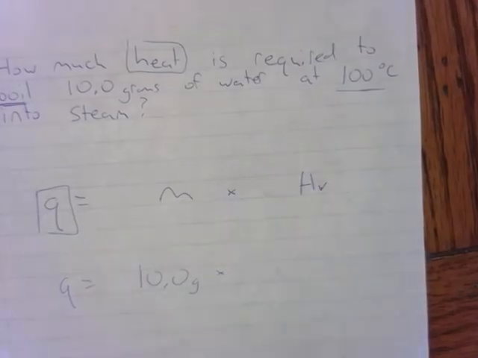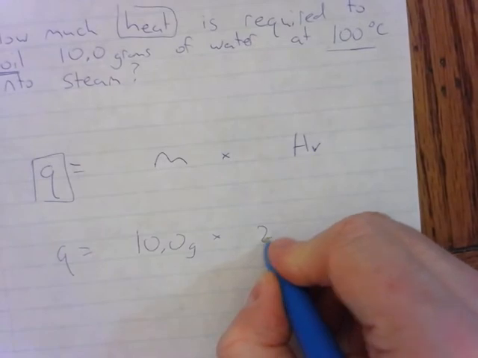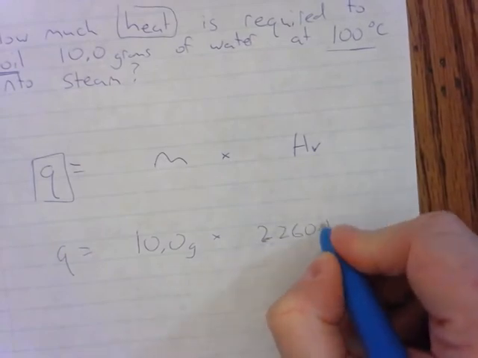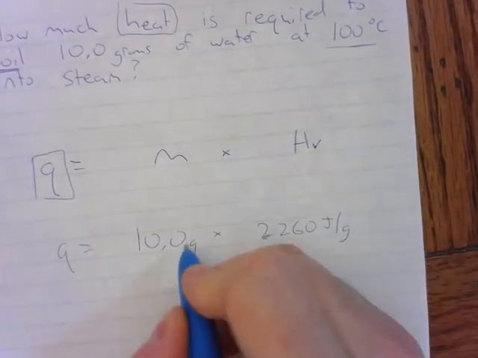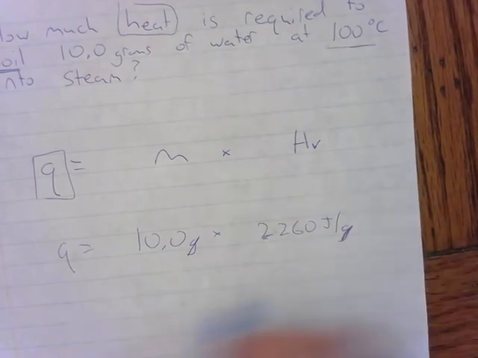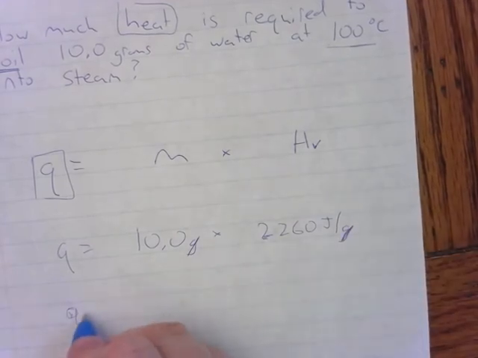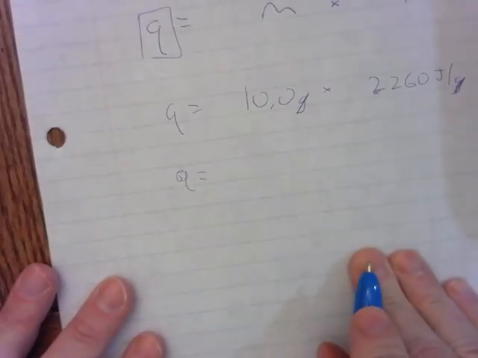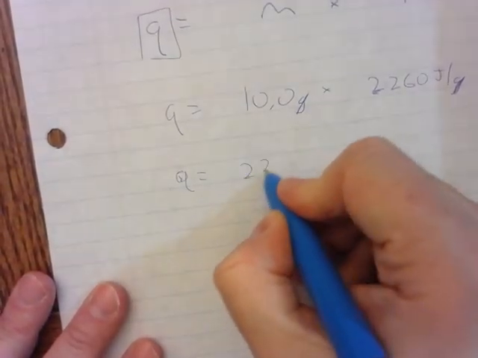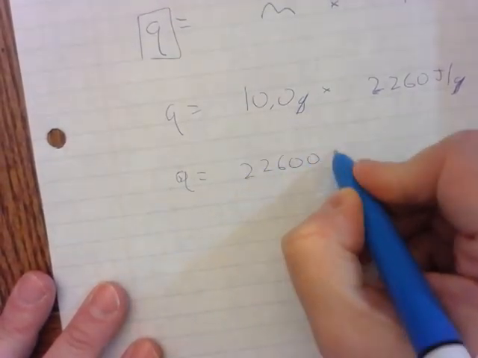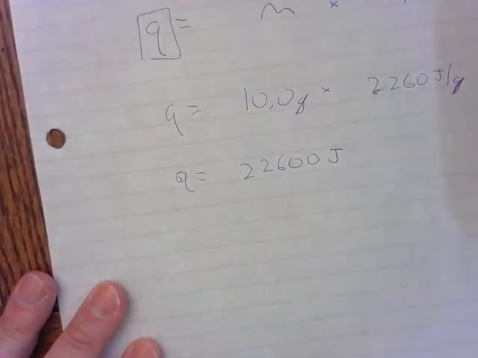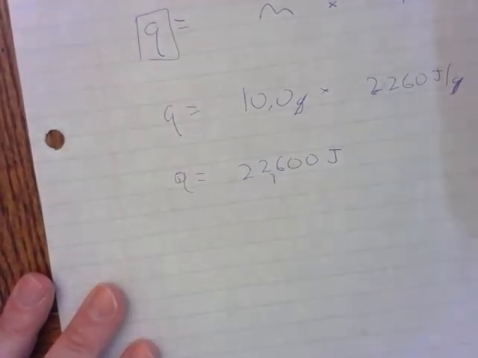And again, yes, if this were a substance other than water, we would have to be given that information. So the grams cancel with grams, and Q is equal to 22,600 joules.